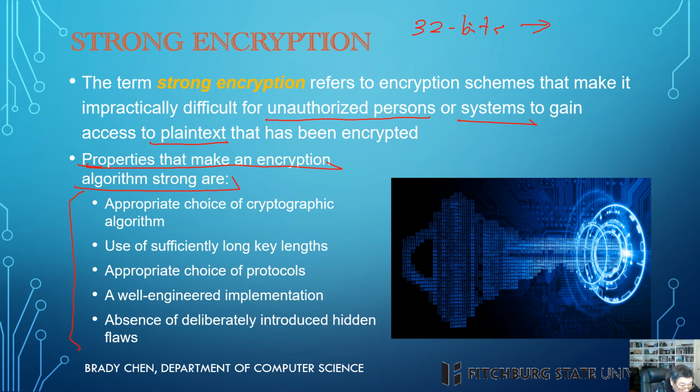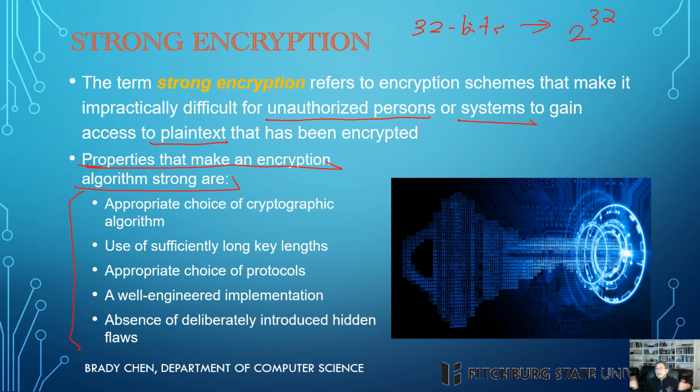Okay, the answer is 2 to the 32. So you can use 32 bits to represent 2 to the 32 different numbers. Now, each number is going to represent a key. So that means you have 2 to the 32 different keys. Now, if you use brute force attack, then you have to try 2 to the 32 different keys. That's a very big number.